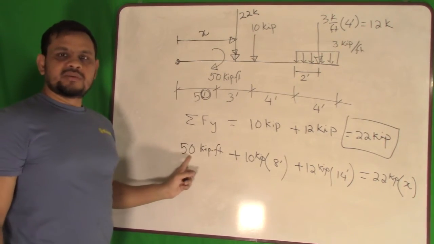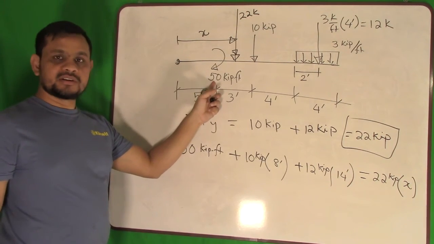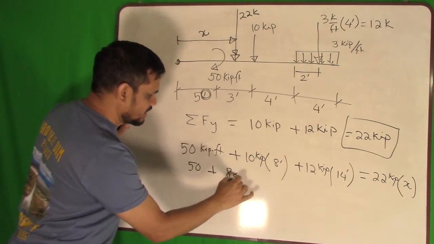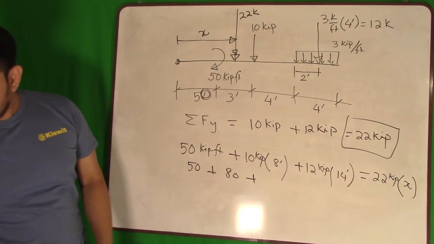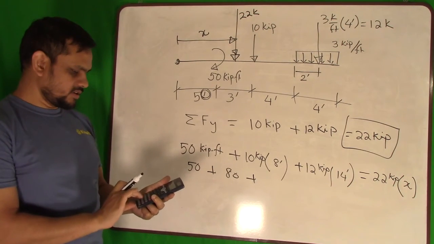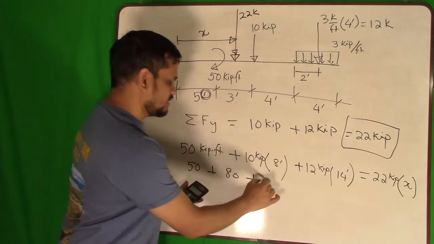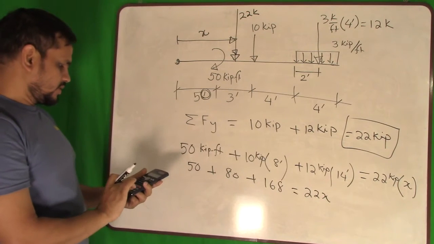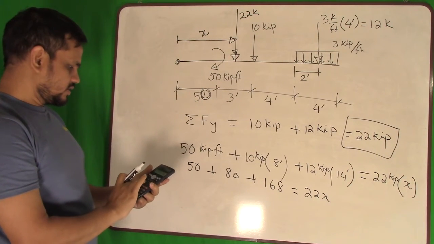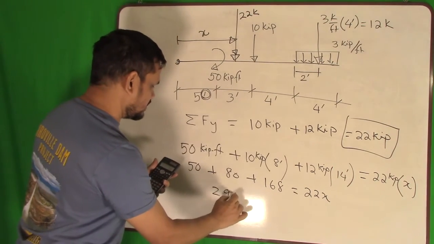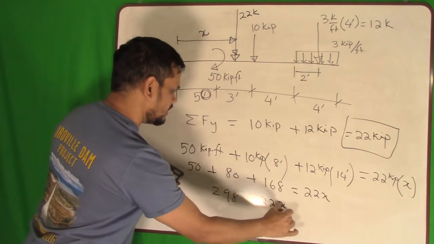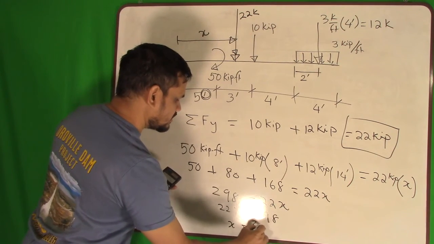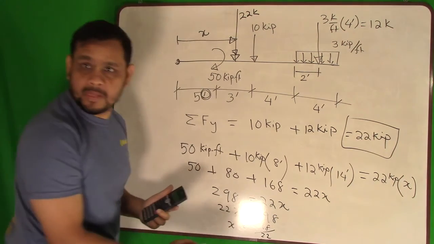Okay, this time I consider the moment because it is a moment. So 50 plus 80 plus, I do not know, hopefully 170, 80 something, 168, equals 22x. So 50 plus 80 plus 168 is 298, so 22x equals 298, or x is 298 divided by 22.